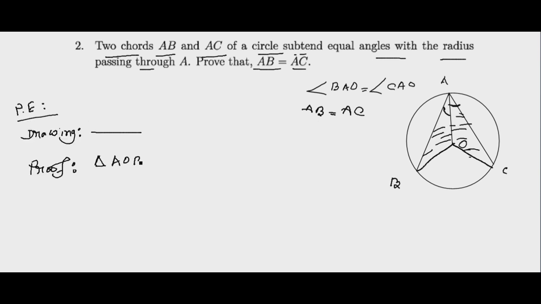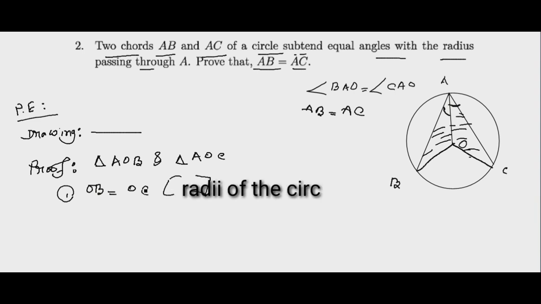Now come to prove it. From triangle AOB and triangle AOC, we have OB is equal to OC because they are the same radius of the circle.